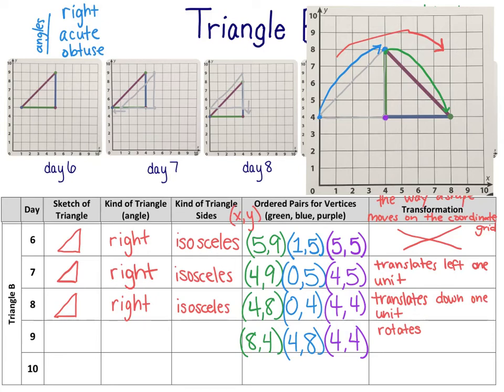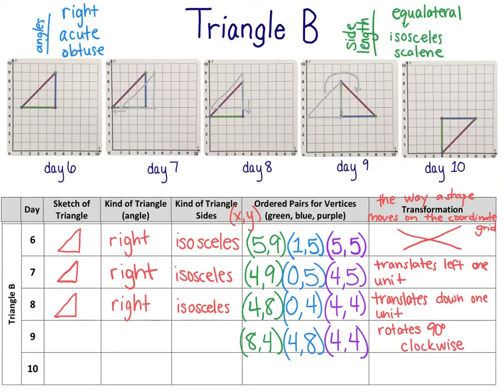So we say that the shape rotates 90 degrees clockwise. Because it goes the same way that the clock did, and it was 90 degrees. It moved from one right angle to the next right angle spot.